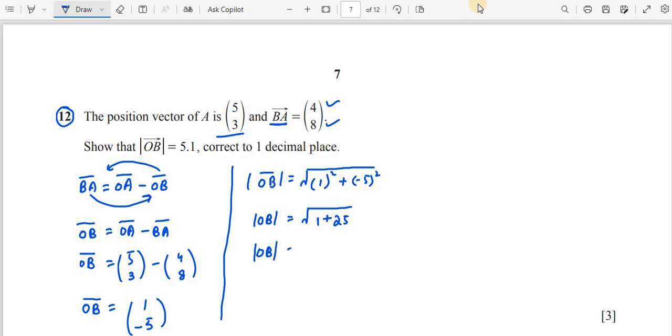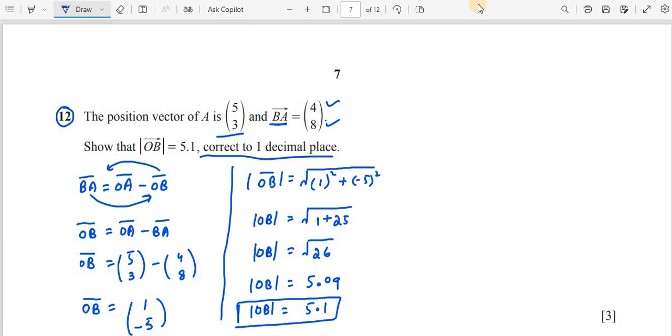So OB is equal to square root of 26. Taking the square root of 26, that is equal to 5.09. To 1 decimal place, OB is equal to 5.1. Hence proved. So this is the final answer.